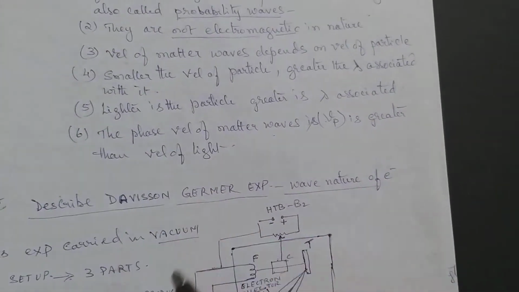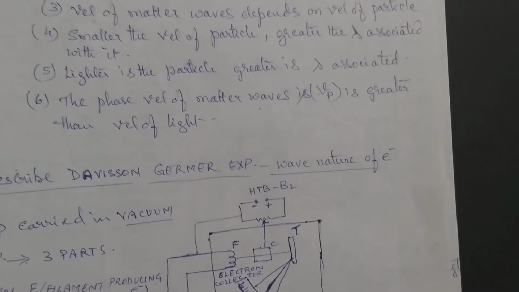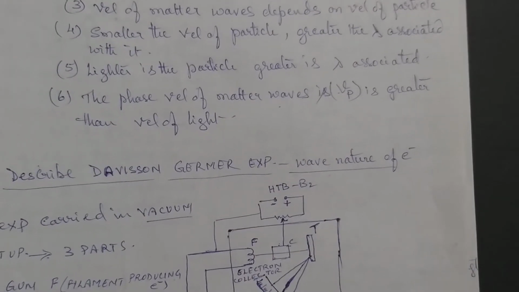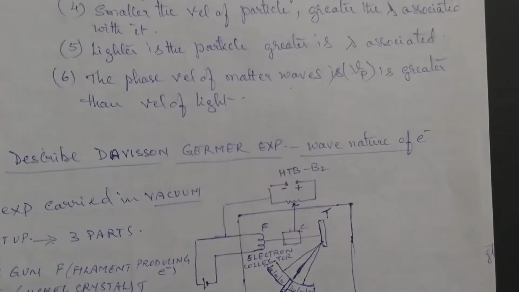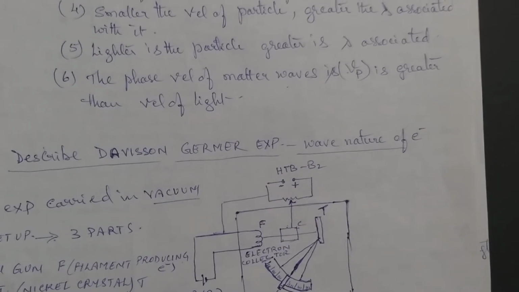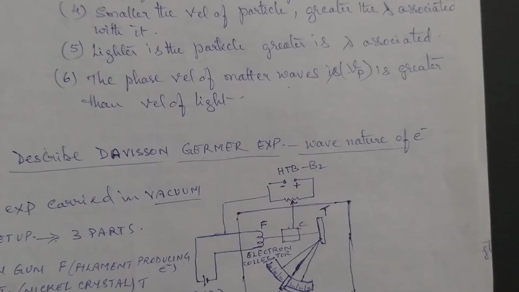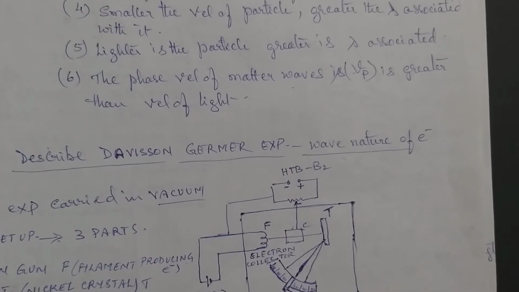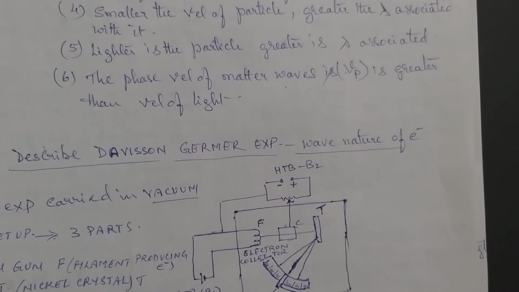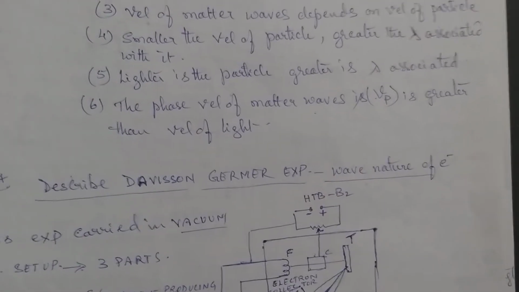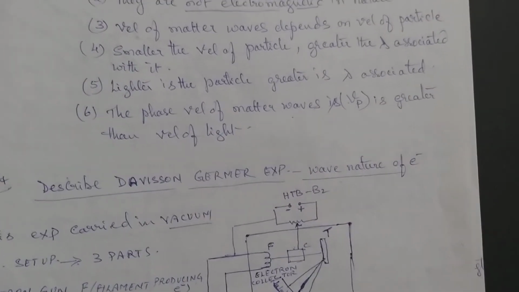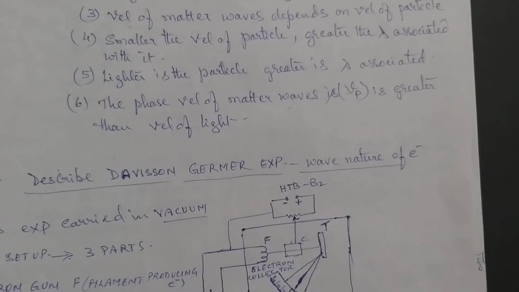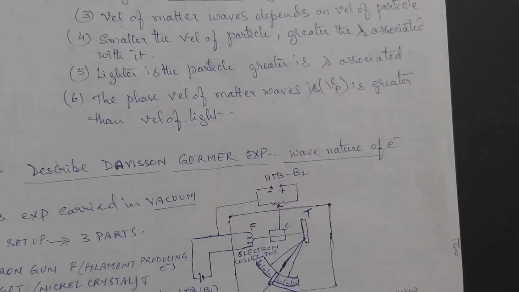So that was the point where Schrodinger thought, or visualized, that a particle cannot be represented by a single wave but by a group of waves pushing forward with a velocity higher than the velocity of the particle, but they will interfere constructively or destructively, depending on whether the particle is there or not.